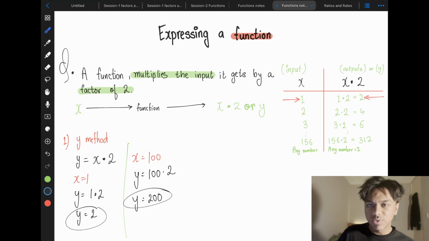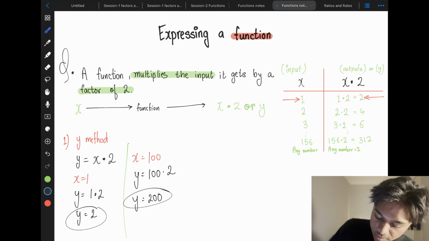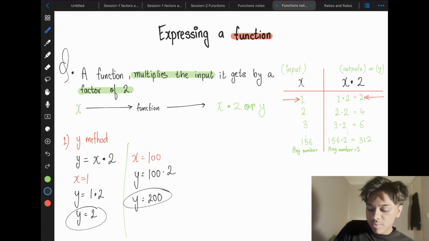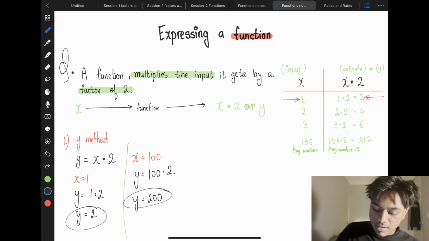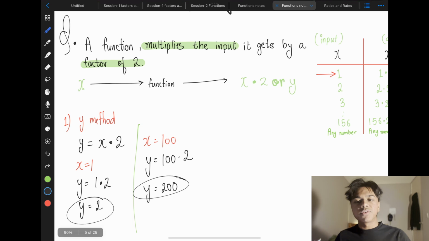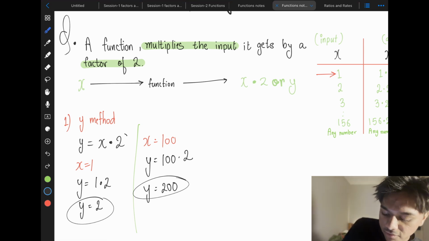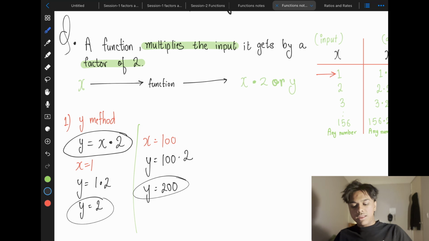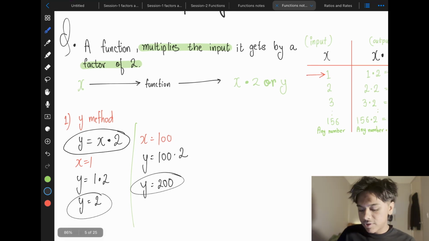And that's my first way of expressing a function. It will be the y method, and it will be y equals something in terms of x, where the x is going into mathematical operations. Here it is going into times 2. So yeah, that's my first way of expressing a function, the y method, where there will be y equals an equation in terms of x. Now let's look at our second way of expressing a function.